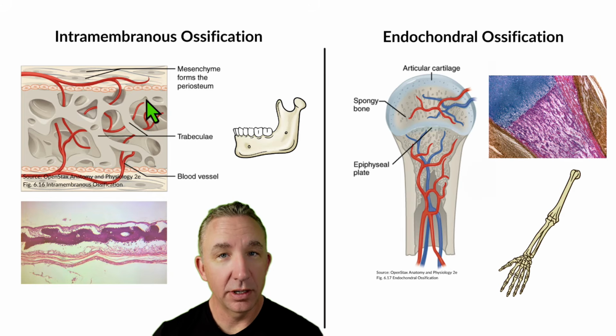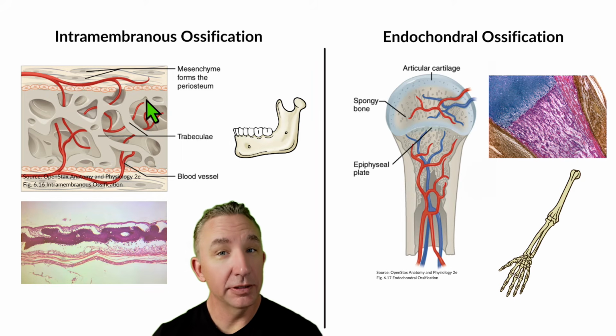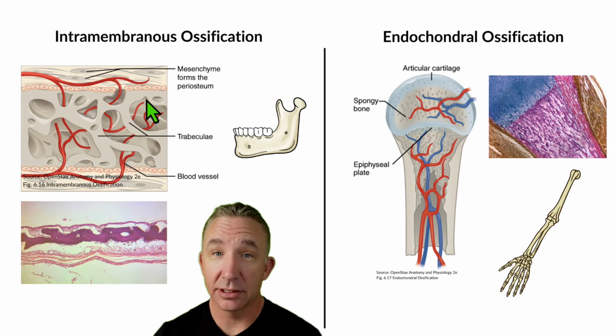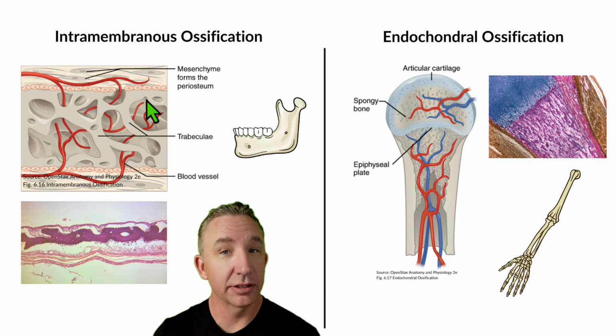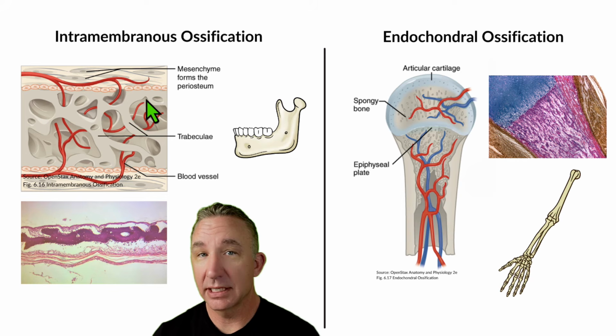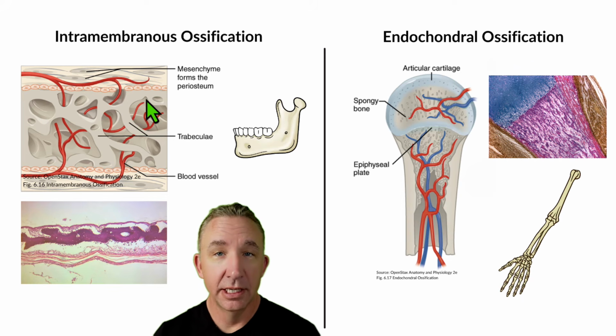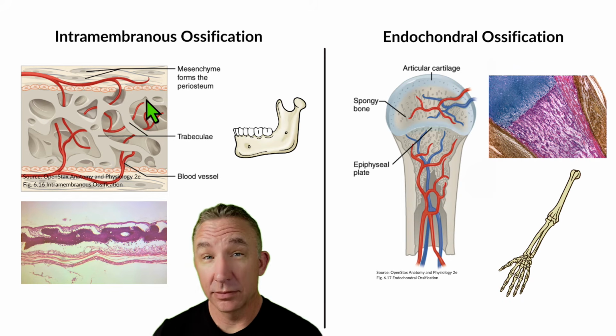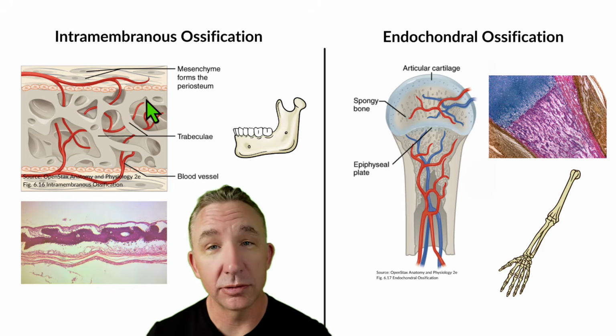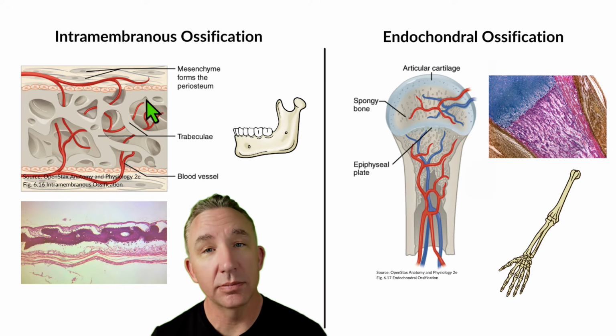When we look at endochondral, we're taking first mesenchymal tissue and turning it into hyaline cartilage to create a building block to then turn into bone. And this can take years in many cases, depending on the bone. Somewhere it's up to 25 years for endochondral, usually referring to long bones.